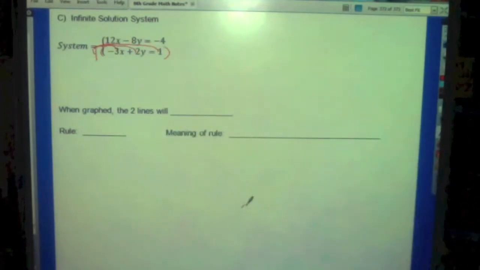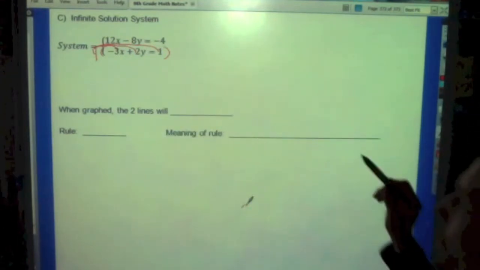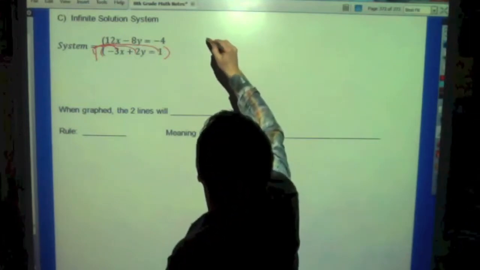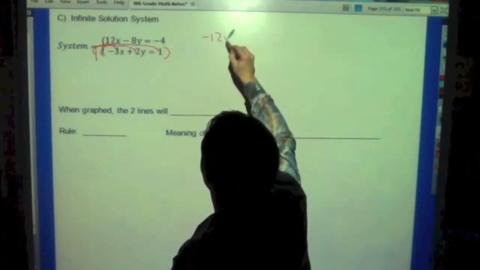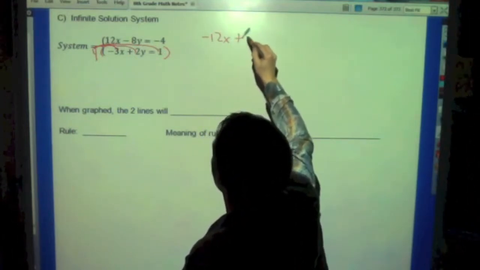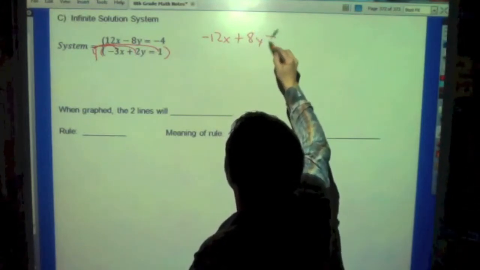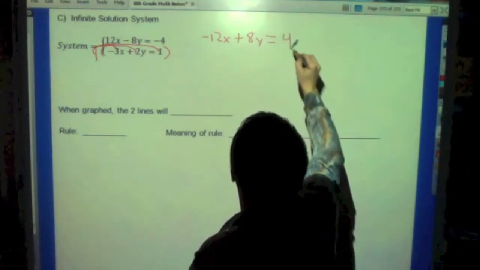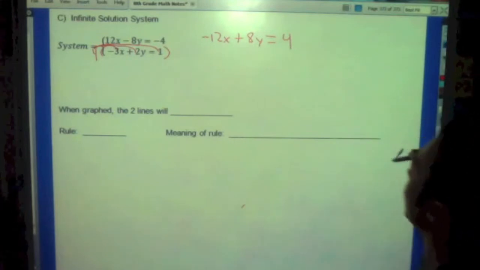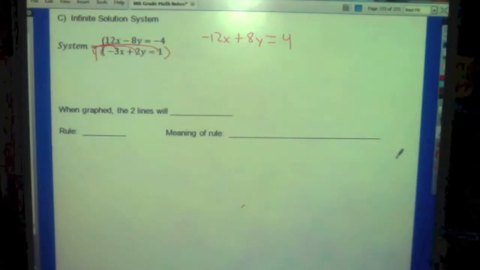So when I do that, I'm going to rewrite it. Okay, I multiplied everything by 4. I rewrote the equation up there.